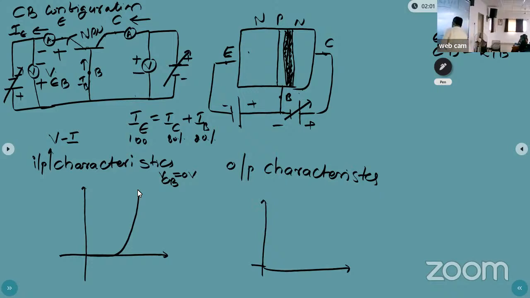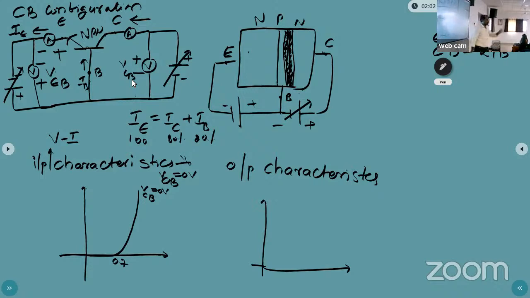For example, for silicon, at 0.7 volt it starts conduction. This is with the constant voltage VCB equal to 0 volt.